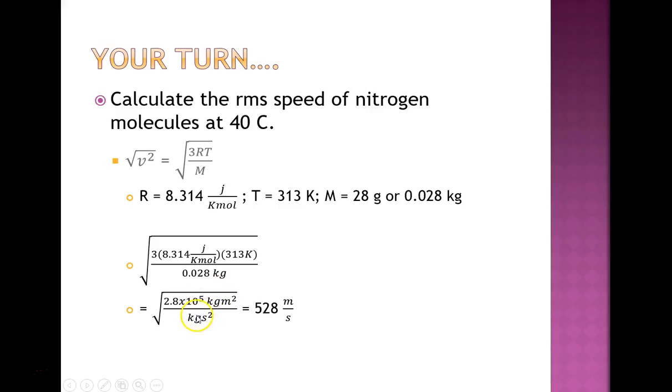So kilograms will cancel. Meters squared over seconds squared will come out as meters per second. And the square root of 2.8 times 10 to the 5th is 528. So the RMS speed of nitrogen molecules at 40 degrees Celsius is 528 meters per second.